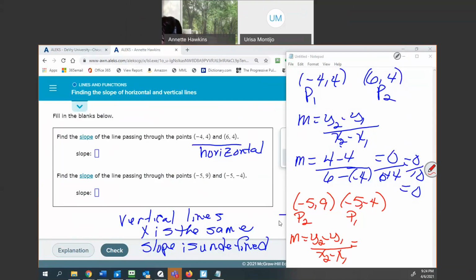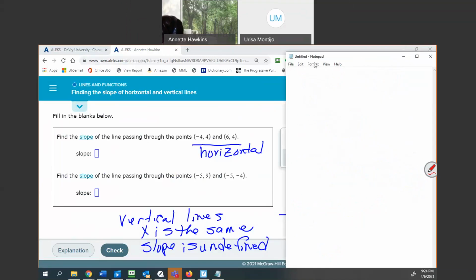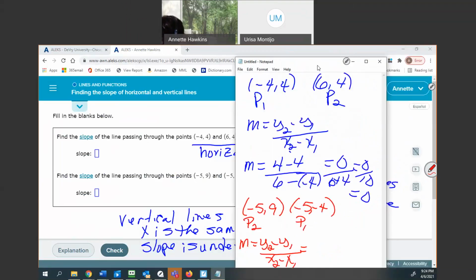All right, so y2 is going to be 9. y1 is going to be -4. x2 is -5. x1 is -5.